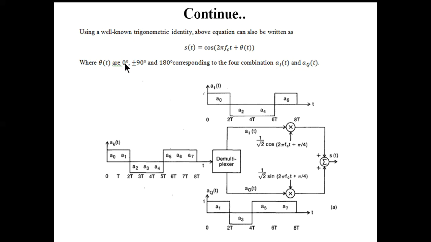So for plus 1, plus 1 it can take 0, and for plus 1, minus 1 it can take plus 90, like this.